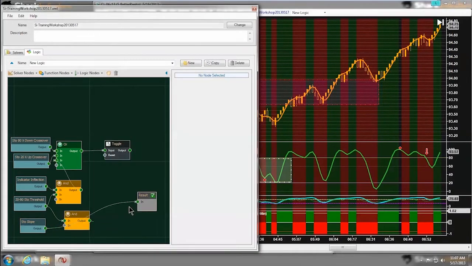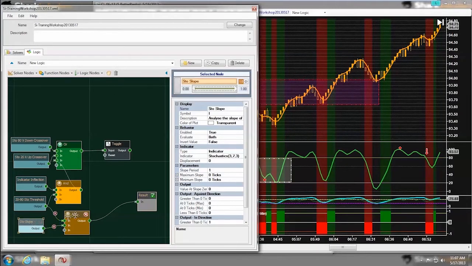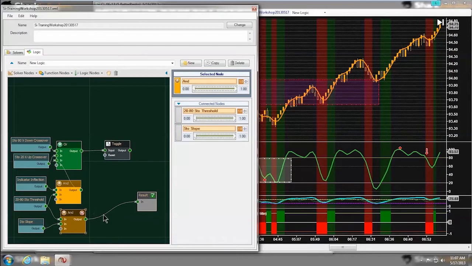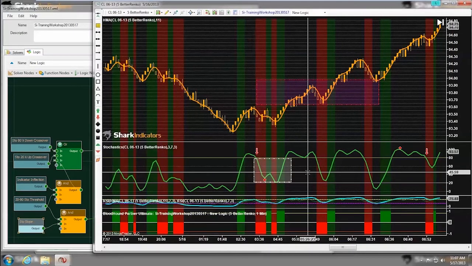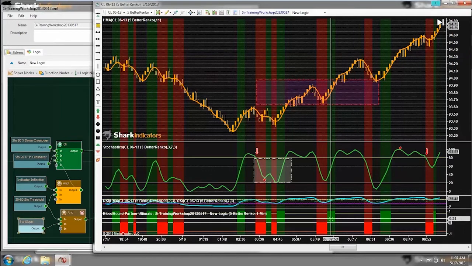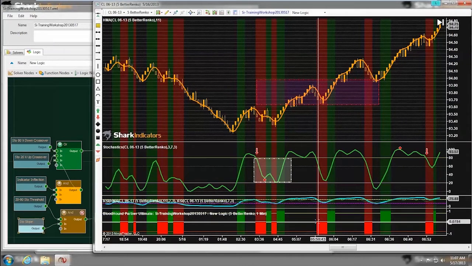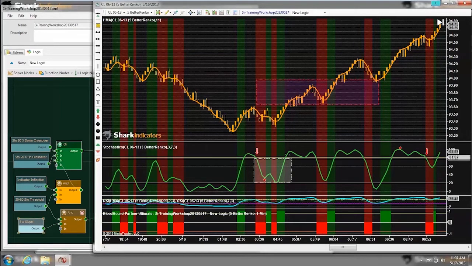And so as soon as we connect one solver into the AND node, a solver that has a directional bias, you can see now that what comes out of the AND node is a directional bias. But it's been isolated to this no man's land. So as soon as our indicator is above 80, then there's no output from that AND node.